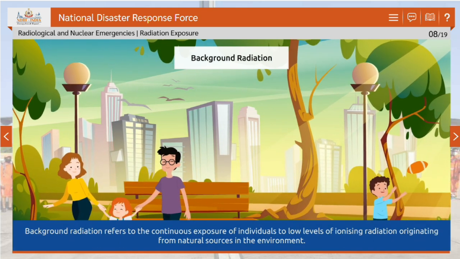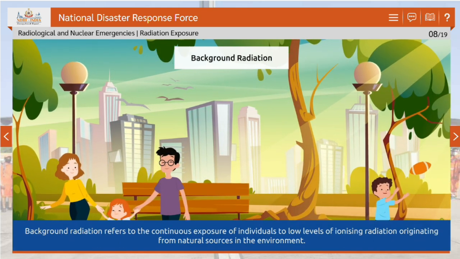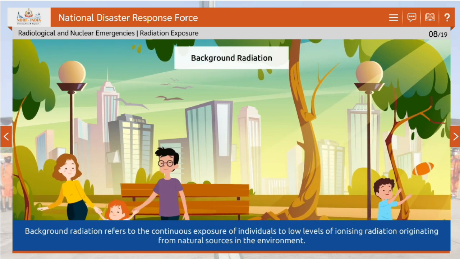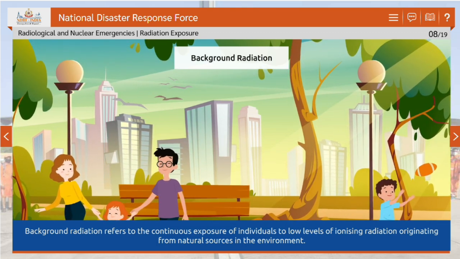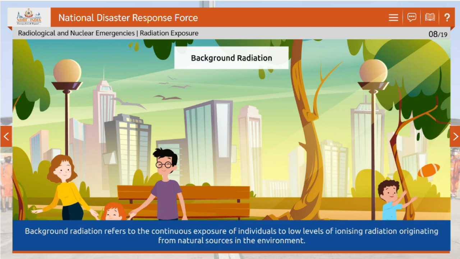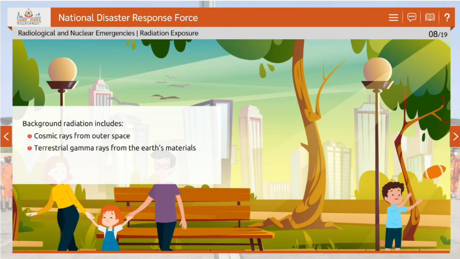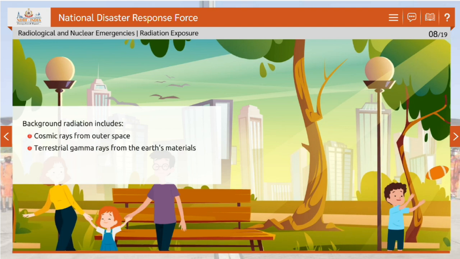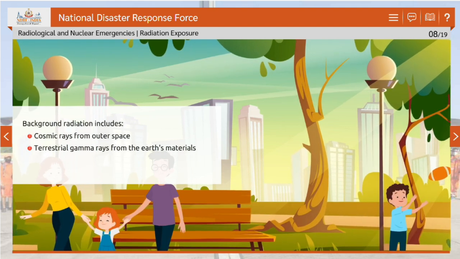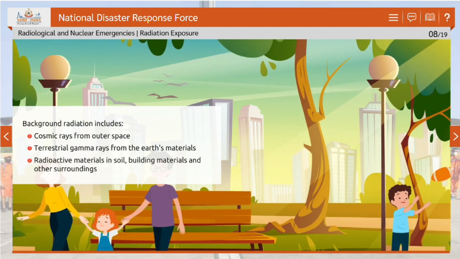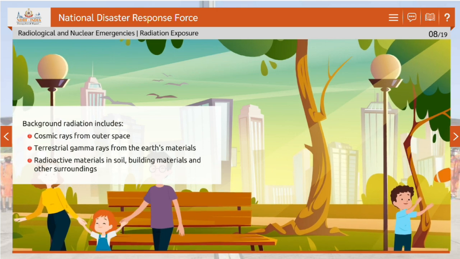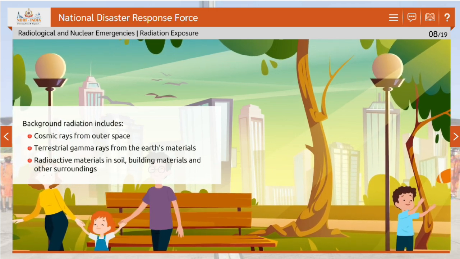Background radiation refers to the continuous exposure of individuals to low levels of ionizing radiation originating from natural sources in the environment, including cosmic rays from outer space, terrestrial gamma rays from the Earth's materials, and the presence of naturally occurring radioactive materials in soil, building materials and other surroundings.